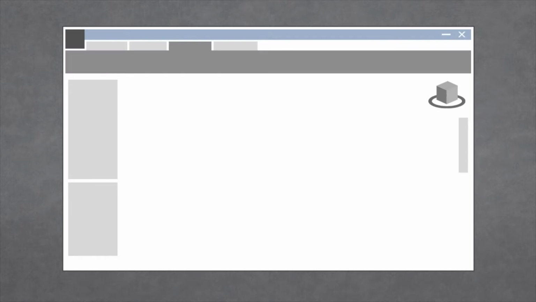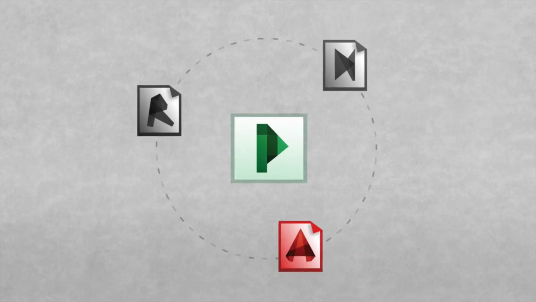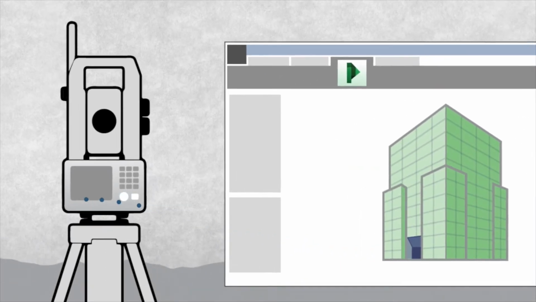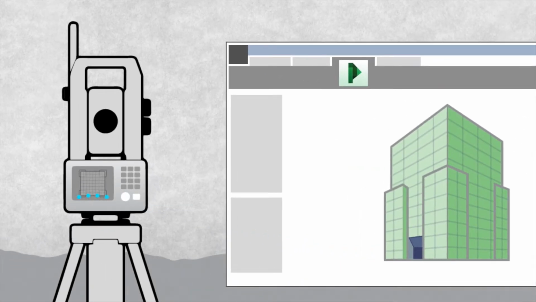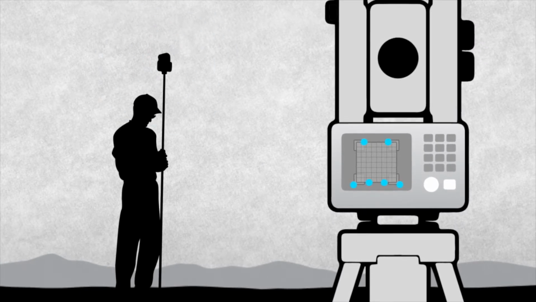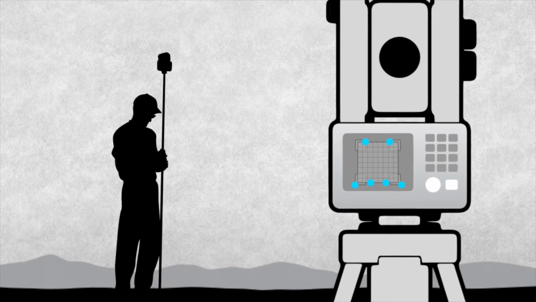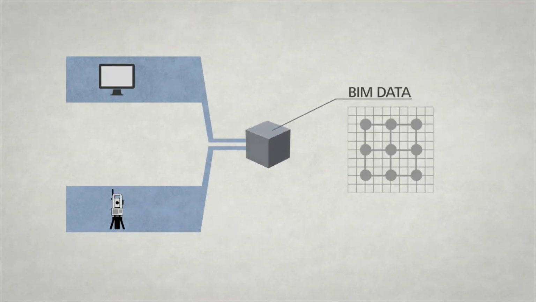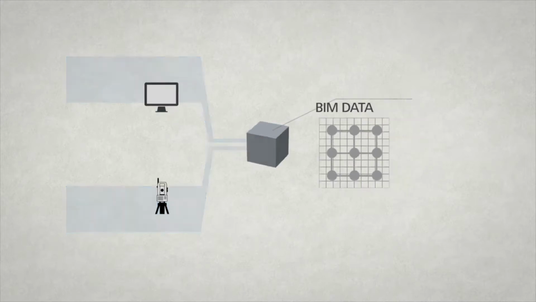Autodesk Point Layout is innovative software for the construction layout process. Point Layout integrates with Autodesk AutoCAD, Autodesk Navisworks, and Autodesk Revit software to automatically create points and transfer them to the robotic total station. Field layout is much faster, easier, and accurate compared to the traditional paper and tape measure methods. BIM data from the model and the total station can be imported and exported to capture as-built conditions.